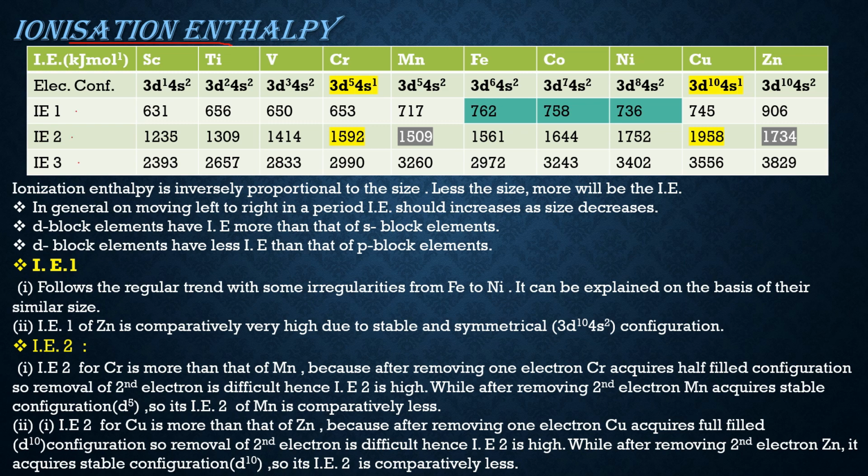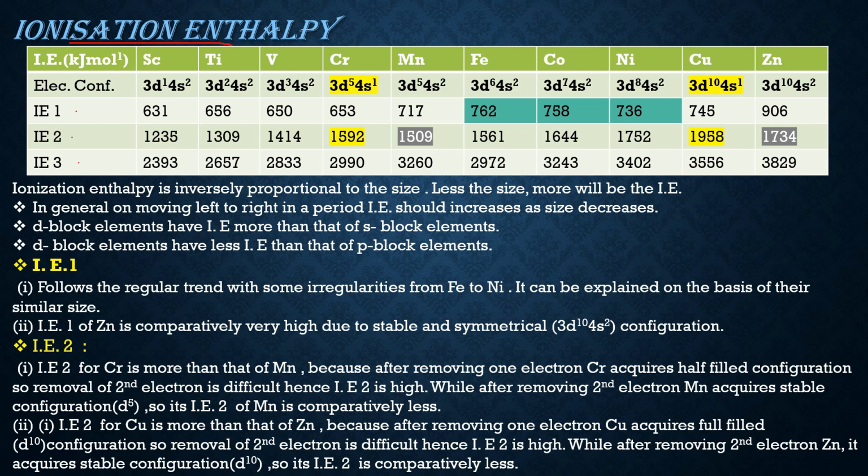Ionization enthalpy 1 is the energy required to remove the first electron. Ionization enthalpy 2 is the energy required to remove the second electron, and ionization enthalpy 3 is the energy required to remove the third electron. And we can say that the second ionization enthalpy is always greater than the first. What is the reason?